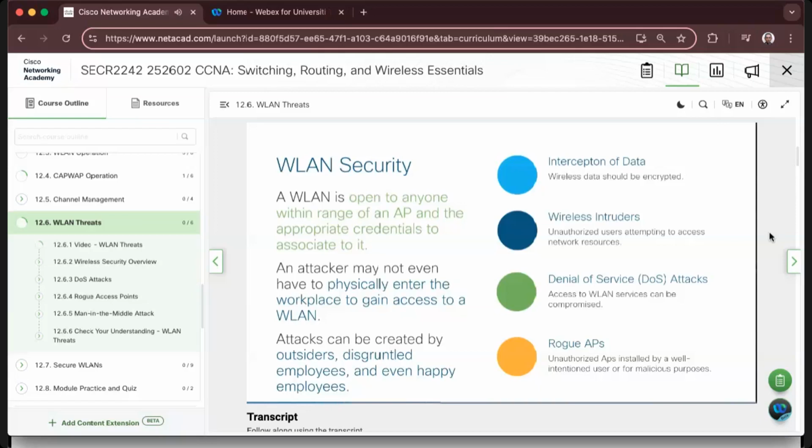We also have our rogue APs, which are unauthorized access points that are installed either by a well-intentioned user, someone who just wanted to have an extra wireless network close by, or installed for malicious purposes, because they want to intercept people's traffic. Using management software, we should be able to detect those rogue access points.